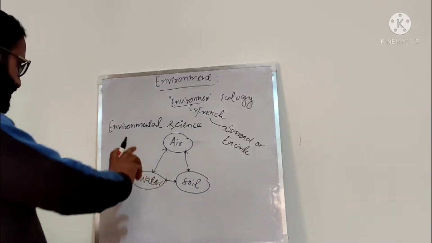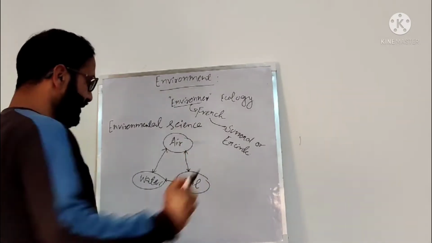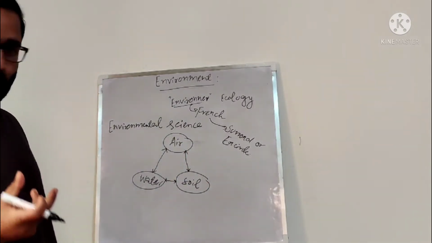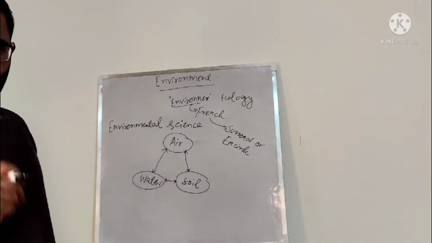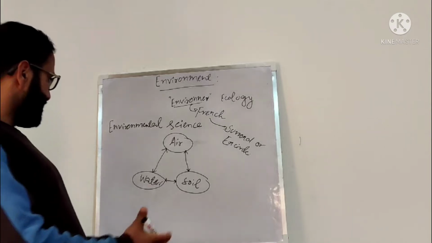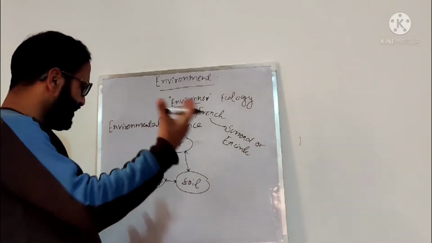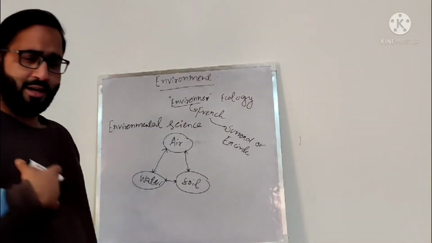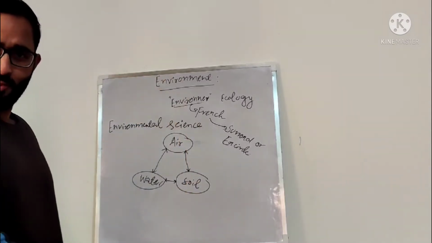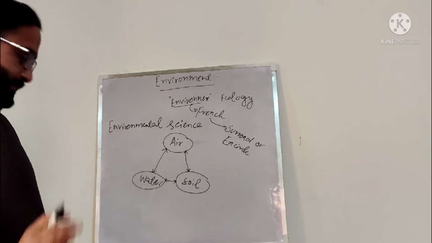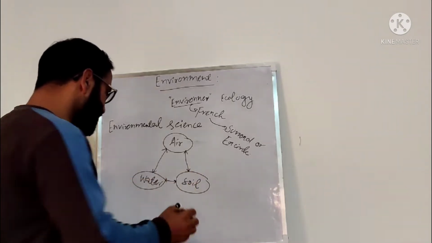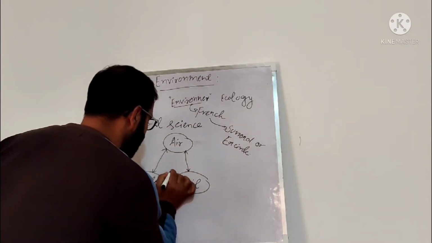So these are non-living components of the environment, and they also interact with each other. Sometimes things in one component move to the other component, and vice versa. The interactions are bidirectional.